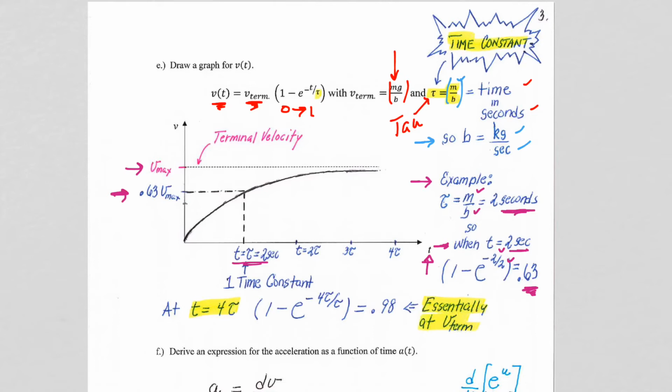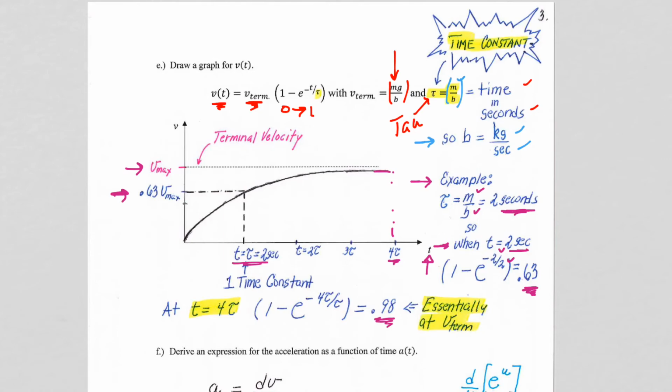If we wanted to see how long we have to wait to get this logarithmic increase to our Vmax, our terminal velocity, we can see that if we went out to 4 time constants, or in this case 8 seconds, we get negative 8 divided by 2, or 4, so e to the minus 4, and the bracketed term is 0.98. So at 4 time constants, or after about 8 seconds in this case, we are 98% to our Vmax, so we're essentially at terminal velocity. We're going to crawl to terminal velocity from that point on.